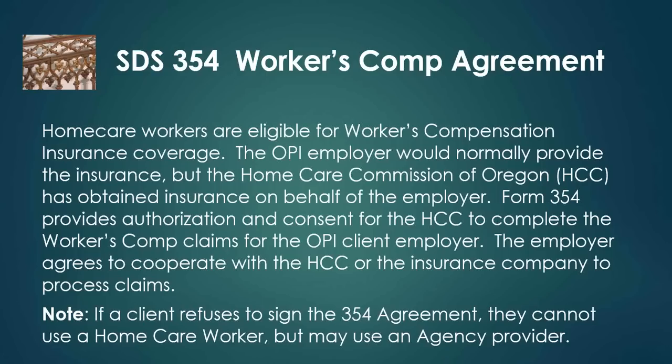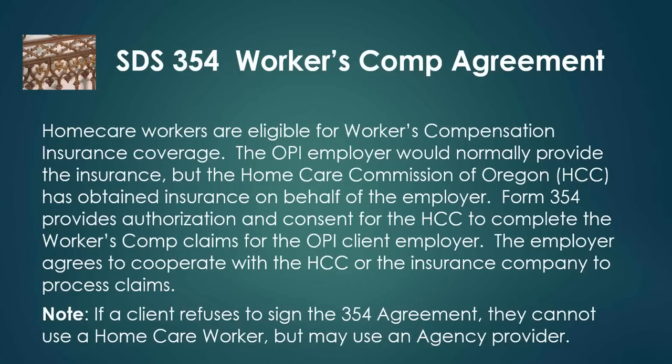And one of the reasons is if there is an injury and there is a workman's comp claim, the very first thing workers' comp is going to do is call the OPI worker and ask for a copy of the official task list. Because if they were injured doing something that's not on the task list, they are not covered by workman's compensation.